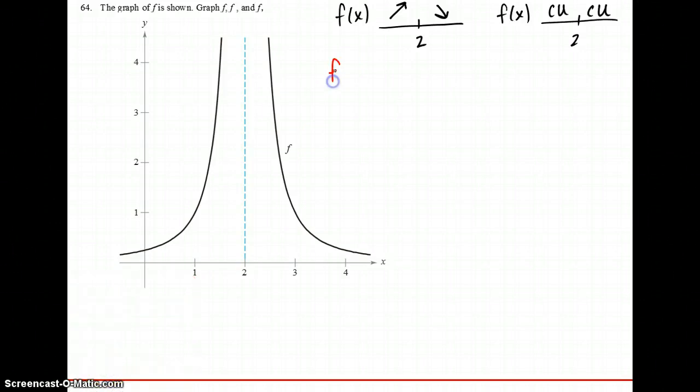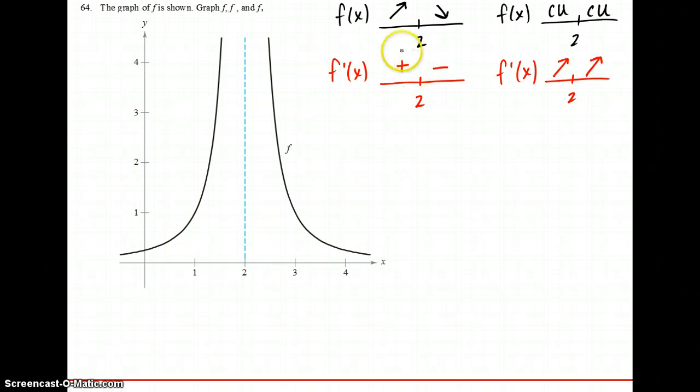Alright, what does that tell me about my derivative? My derivative is positive and then negative, but my derivative is strictly increasing because the function is concave up on the entire interval. So remember what positive and negative means, just above the x-axis and below the x-axis.